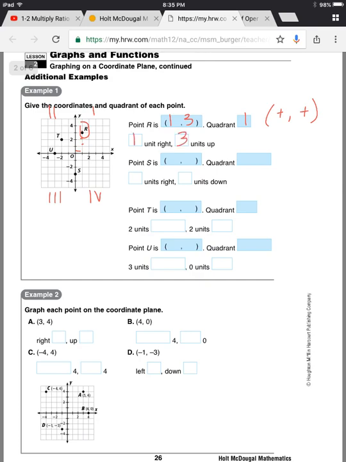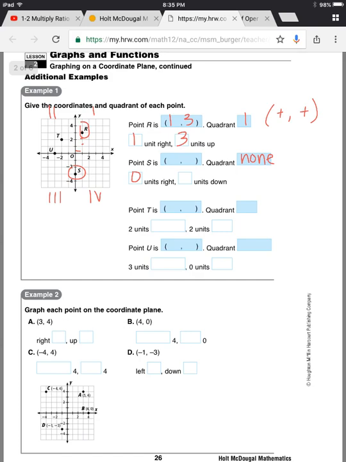Okay, point S, sorry, is right there. Now, because it lies on the y-axis, it is not in a quadrant. In order to get to point S, we did not need to move left or right. So we're going to put a 0 there for going right.